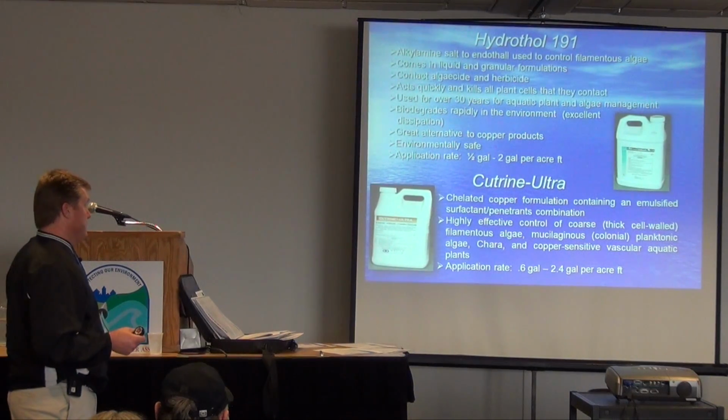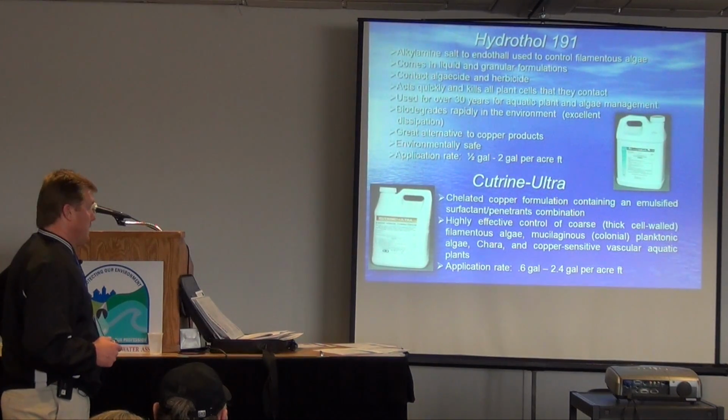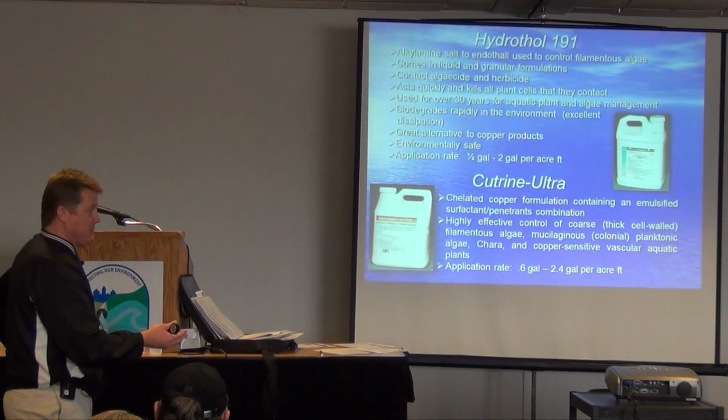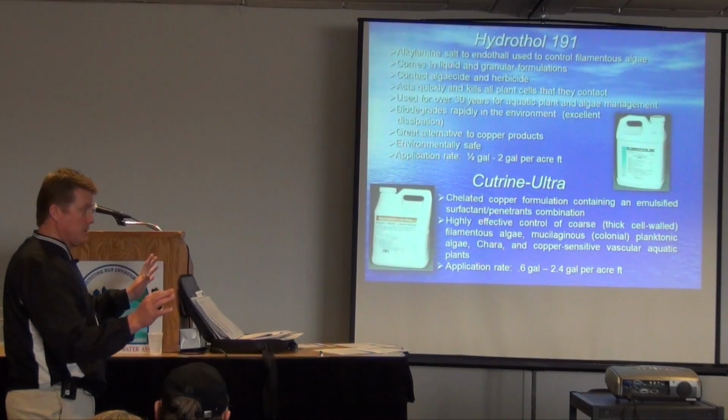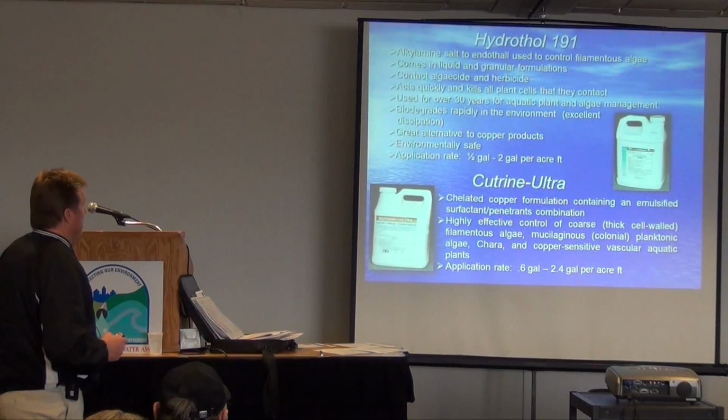What basically has taken the place of that is Hydrothol 191. Hydrothol comes in a liquid or granule. We have both, but we sell very little of the granule. Generally, you guys are using it for algae, and the best way to distribute that through the water column is in a liquid form. It's a salt of endothall.